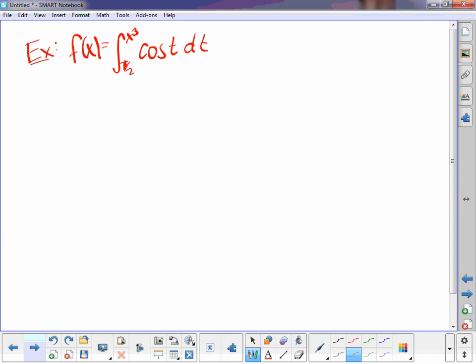Okay, so again, my derivative. We see it is a constant to some function. So I'm just going to take this and put it in. Instead of cosine of t, I have cosine of x cubed.